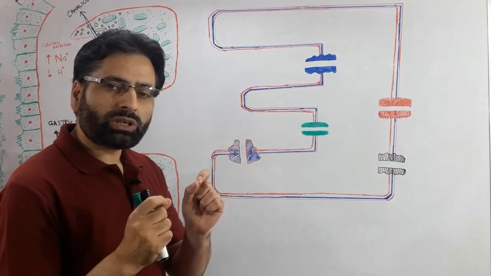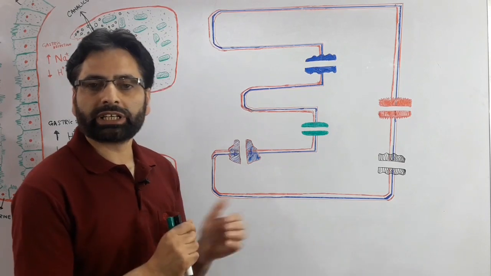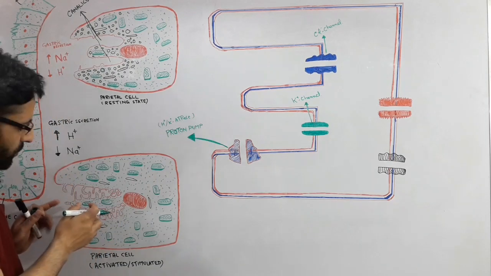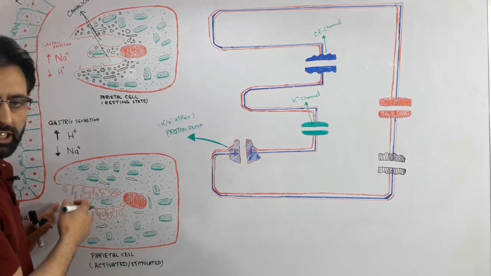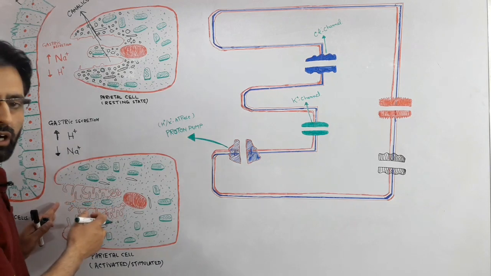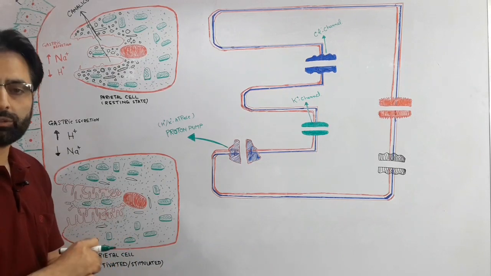Let us first try to understand how the proton, or H positive ion, is secreted by this parietal cell. As I explained here, when the cell is activated, we have increased expression, or an increase in the number, of these proton pumps, chloride channels and potassium channels.